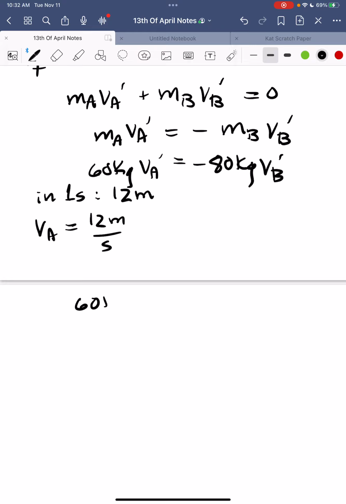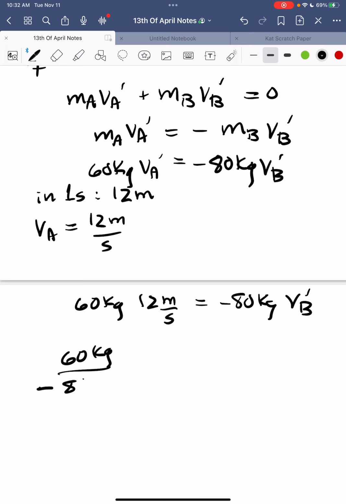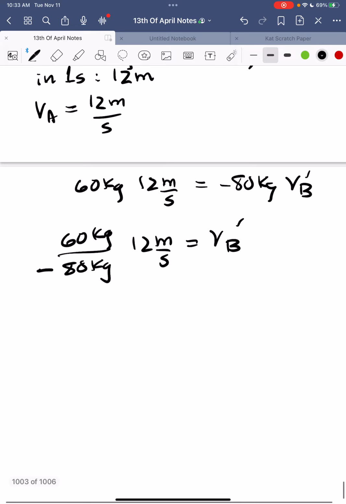All right, so now let's continue, plug in the equation, and see what we get. So I got 60 kilograms, that's astronaut A. Velocity of A is 12 meters per second equals minus 80 kilograms times velocity of B. Okay, so I'm going to divide 60 kilograms by minus 80 kilograms, times 12 meters per second, equals velocity B. And now I can do a lot of simplification.